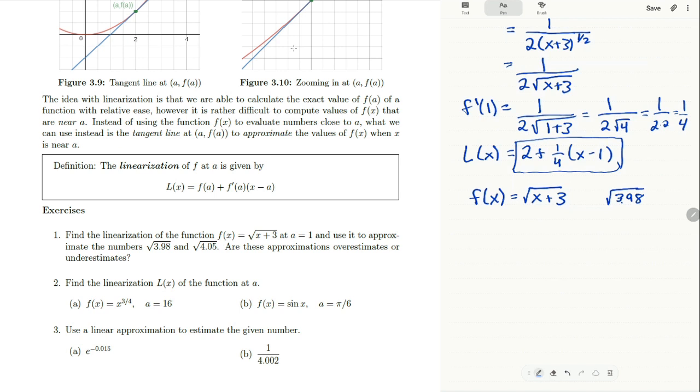So now what I need to determine is the value of x that I want to use so that the function gives me a value of root 3.98. So what does x need to be so that if I evaluate the function at this coordinate, I will get root 3.98.